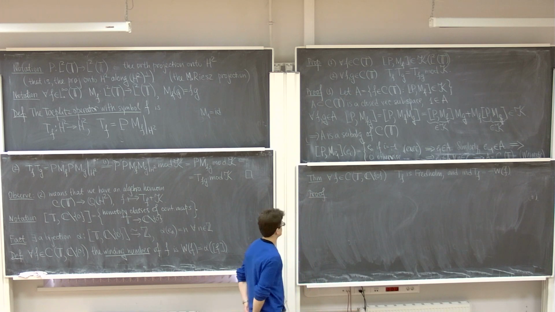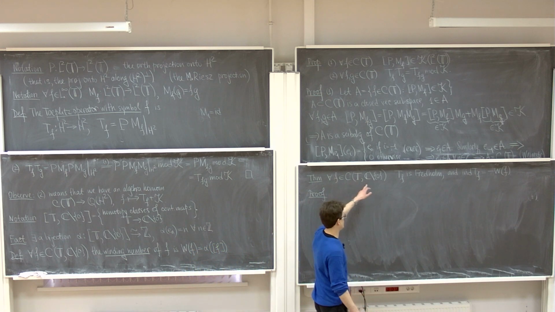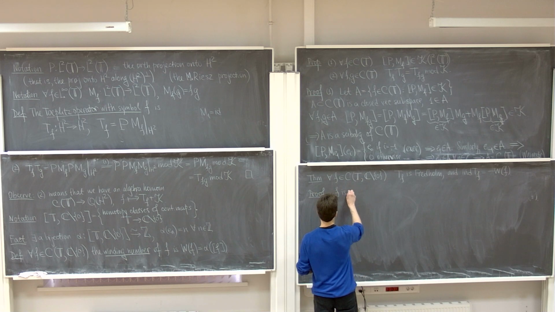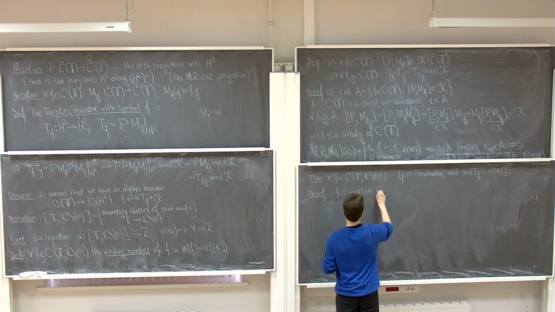Okay, so first of all, why is it Fredholm? Well, f is nowhere vanishing. So f is an invertible element of the algebra C(T).